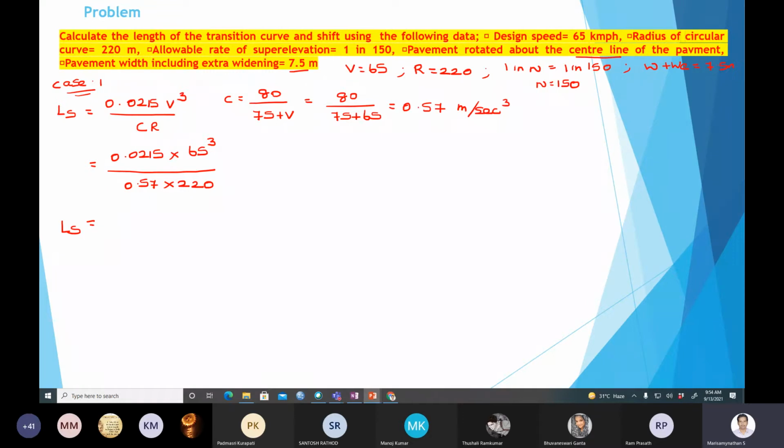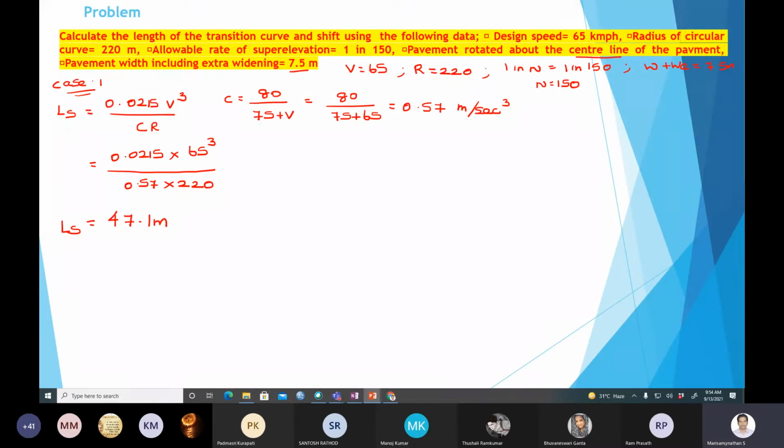So 0.0215 into 65 cube divided by 0.57 into 220. I am getting the value of 47.085.